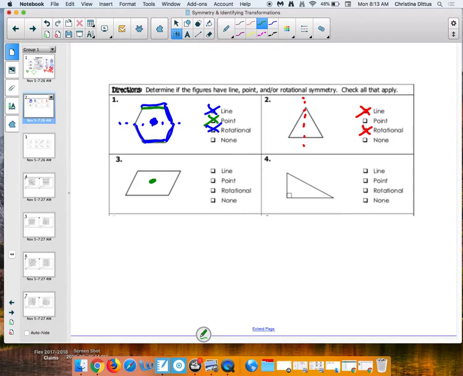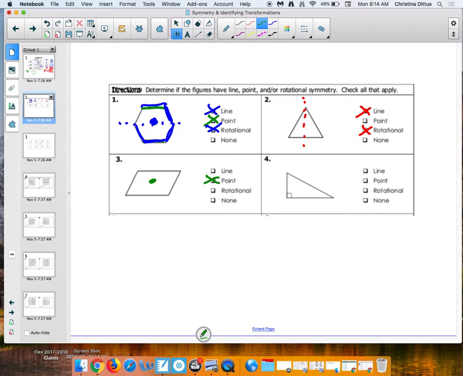Yep. Can I rotate it so that it matches up? No? Didn't we just say we could rotate this 180 degrees and it matches on itself?